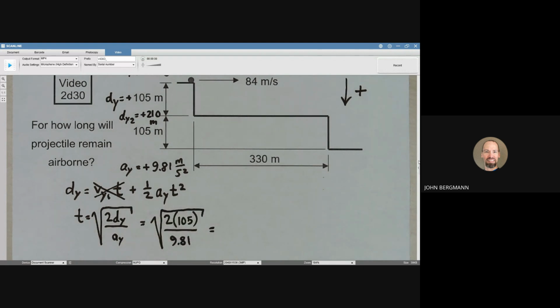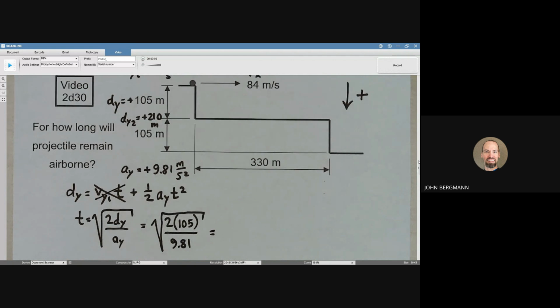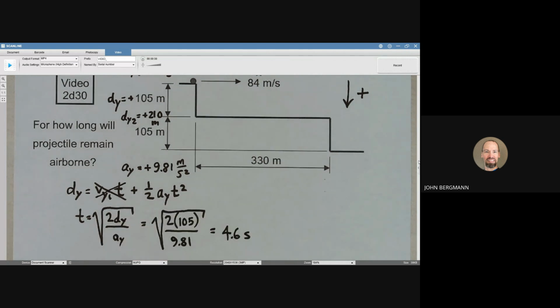You can see that if we had chosen upward to be positive, then this 105 would be negative, and this 9.81 would be negative, and that would work out just as well. To two significant figures, this comes out to be about 4.6 seconds. That is the time that the cannonball will be in the air if it lands on this shelf.